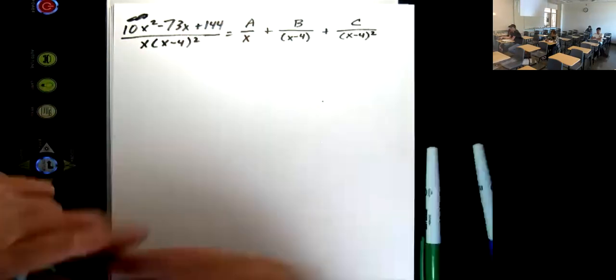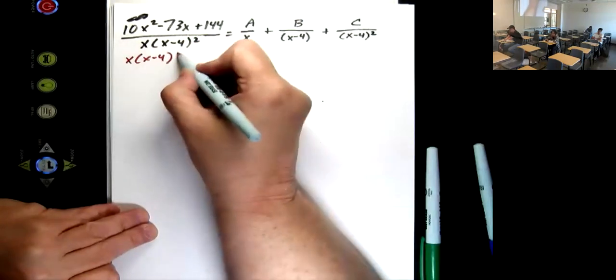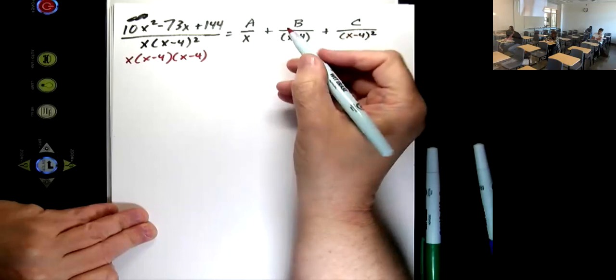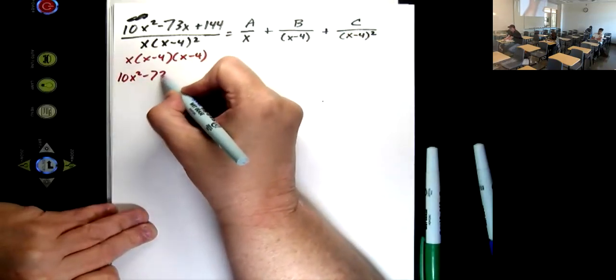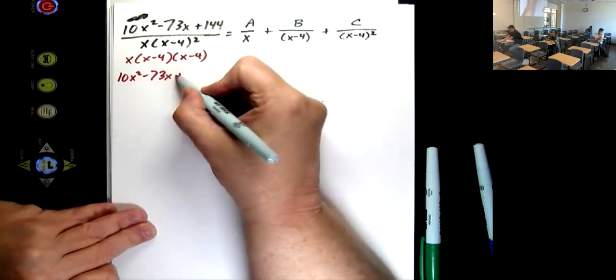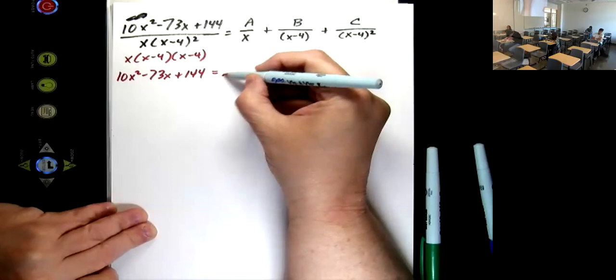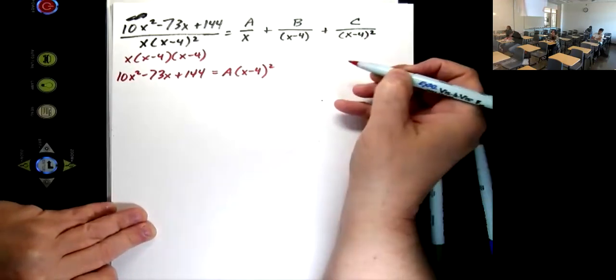Now we're going to multiply through by the denominator, x times (x minus 4) times (x minus 4). So the left side is still 10x squared minus 73x plus 144. The a gets stuck with an (x minus 4) squared.